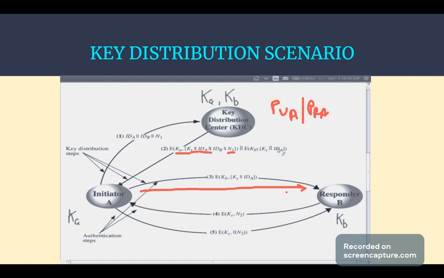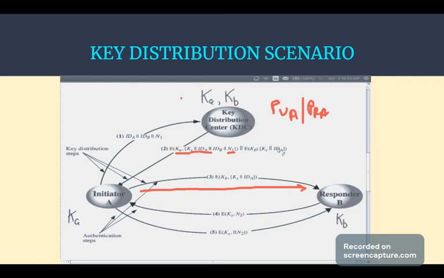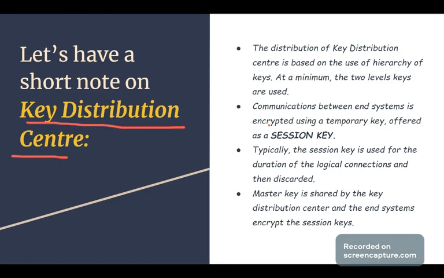So how it actually works, let's see one by one. Before we discuss the actual working, we should know what the key distribution center is. That is this part, which I'm going to highlight in the square shape. The distribution by the key distribution center is based on the use of a hierarchy of keys.